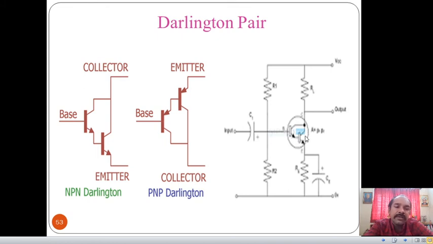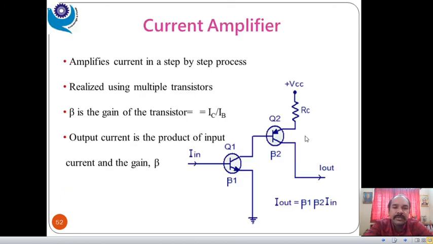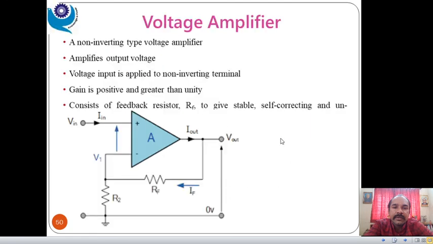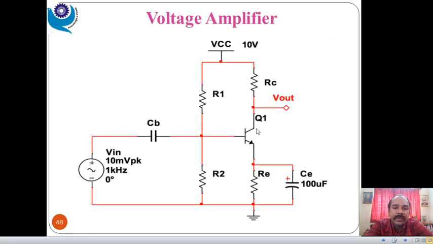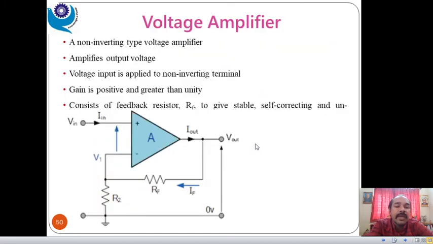In the discrete amplifier we used a single transistor. Suppose the beta of this transistor is simply 100. If we use two transistors in a Darlington pair, it becomes beta multiplied by beta, that is 100 multiplied by 100, which is 10,000. So the current capacity has been increased in the Darlington pair.